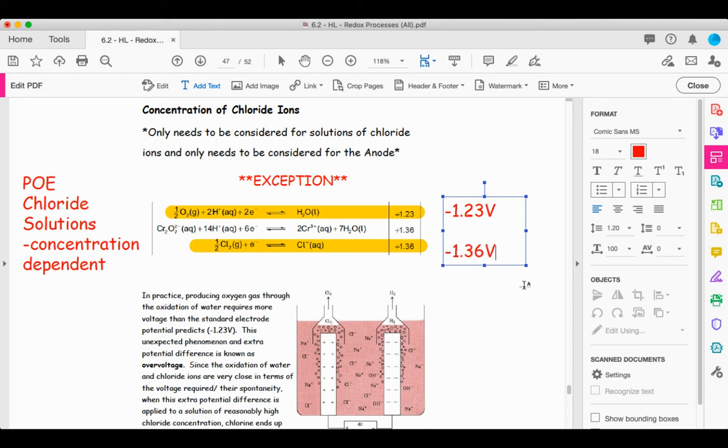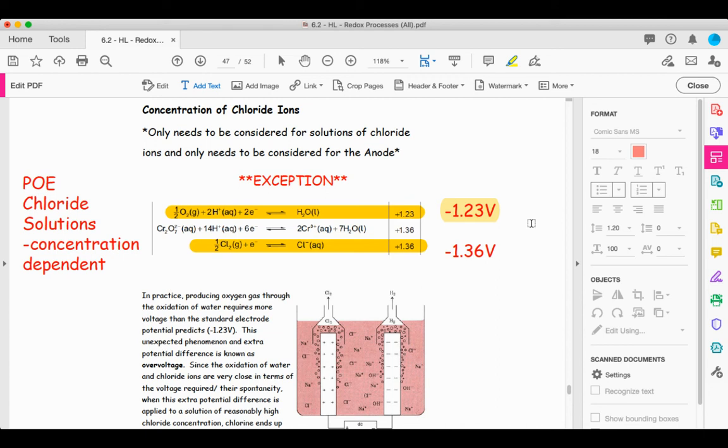So according to our rules, we would predict that if we have a solution of chloride ions, which is fairly common, chloride ions are quite common even in our tap water or our most common aqueous ionic compound solution, sodium chloride. So there's a lot of examples where we could see chloride ions in solution. Based on our numbers, we would predict that the water is the less negative electrode potential, and therefore oxygen should be the main product at the positive electrode.